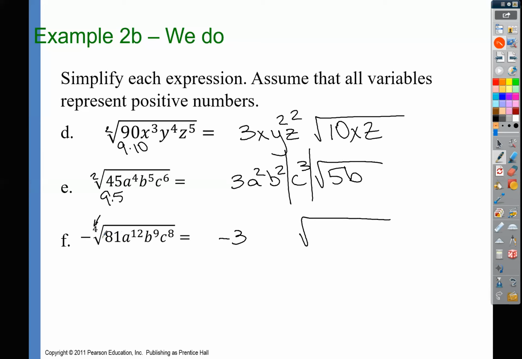Now, as far as the variables, you would say 4 can go into 12 3 times with none left over. 4 can go into 9 2 times with 1 left over. And 4 can go into 8 2 times with none left over. Are you going from an even to an odd exponent on anything because it's an even index number? Yes, the A, so you take the absolute value of that.